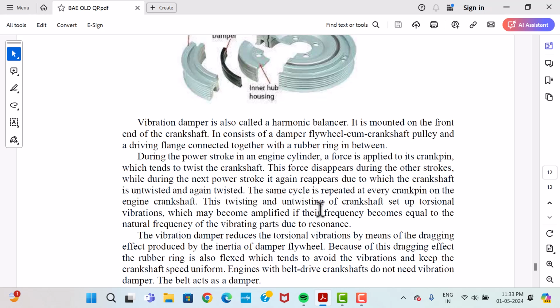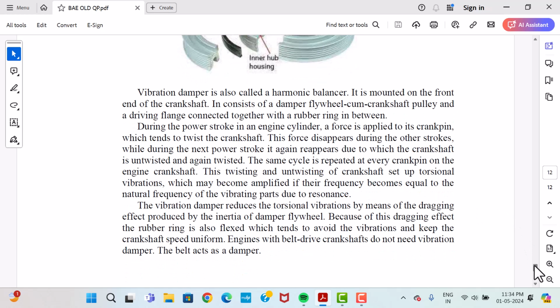The twisting and untwisting of the crankshaft set up torsional vibrations, which may become amplified if their frequency becomes equal to the natural frequency of the vibrating parts due to resonance. That condition is called resonance. Whenever the force frequency equals the natural frequency, that becomes a failure condition.